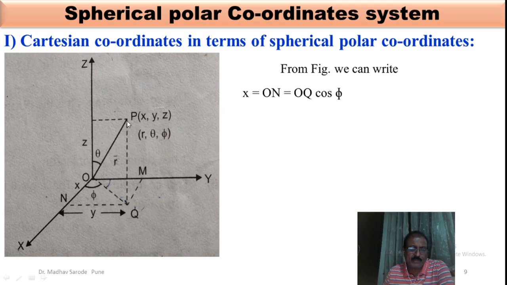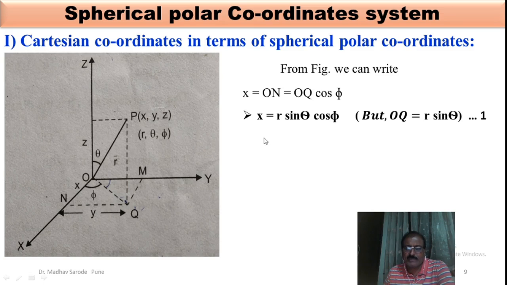We have drawn the perpendicular PQ on the xy plane. In this right angle triangle, OQ is r sin theta. We put the value of OQ, therefore x becomes r sin theta cos phi. This is the first transformation equation.